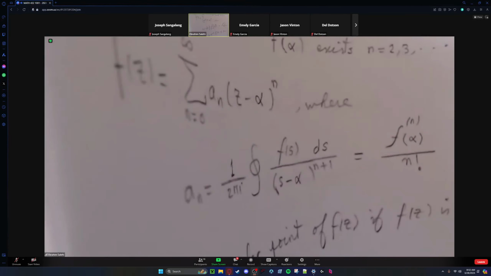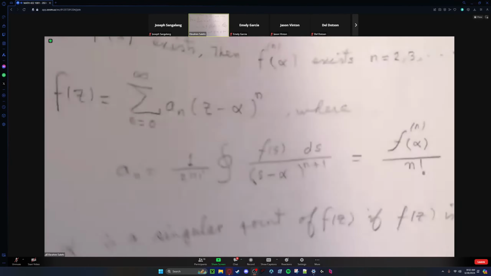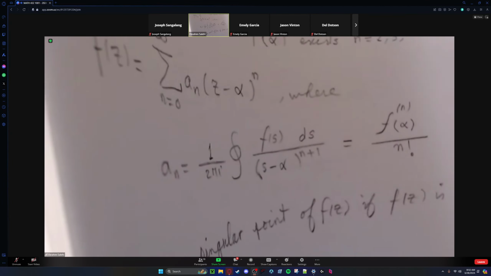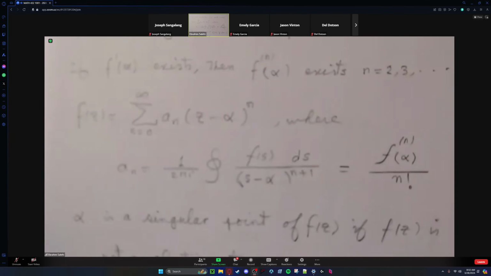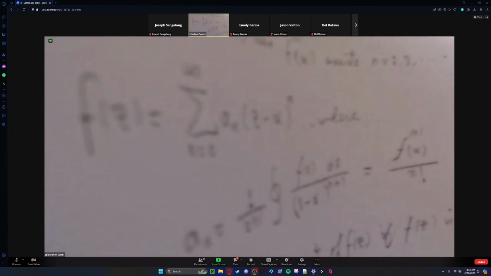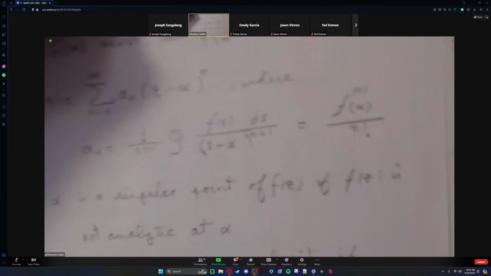Okay, we are dealing with a fraction. And as soon as you are dealing with a fraction, I'm trying to get an example here.